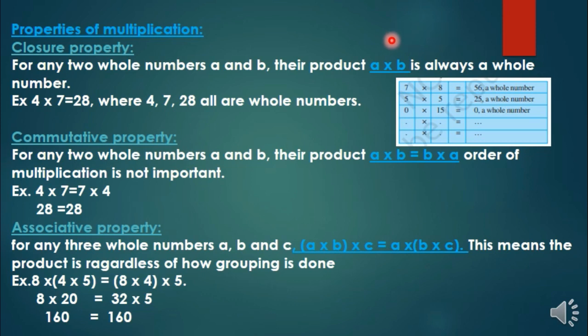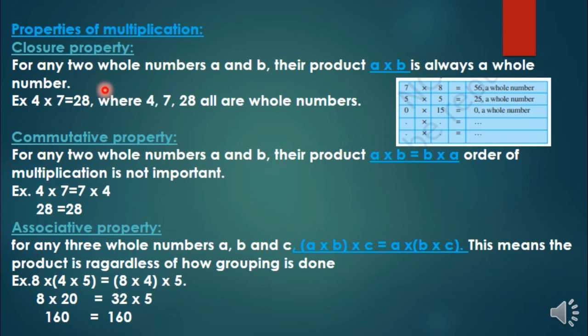Here 7 and 8 and 56 all are whole numbers. Means when we multiply a whole number with a whole number, we again get a whole number. So we can say whole numbers are closed under multiplication.